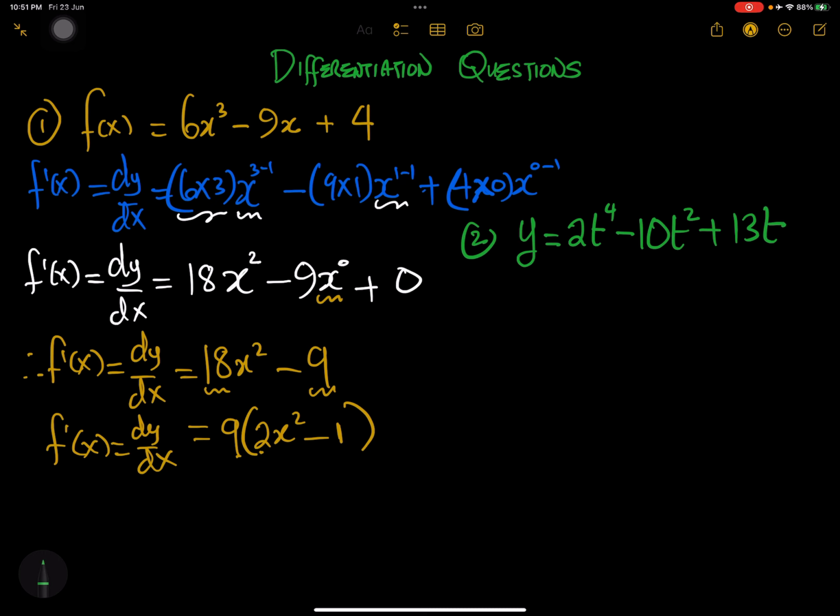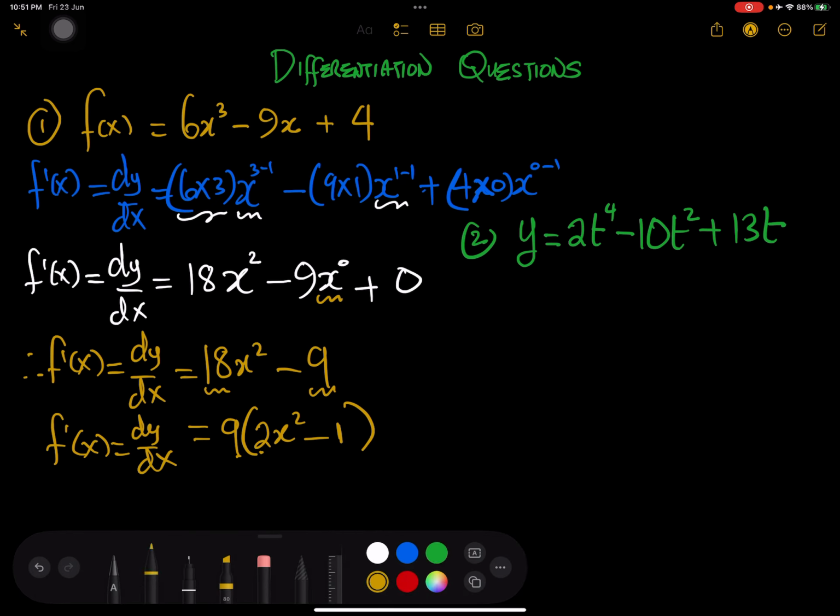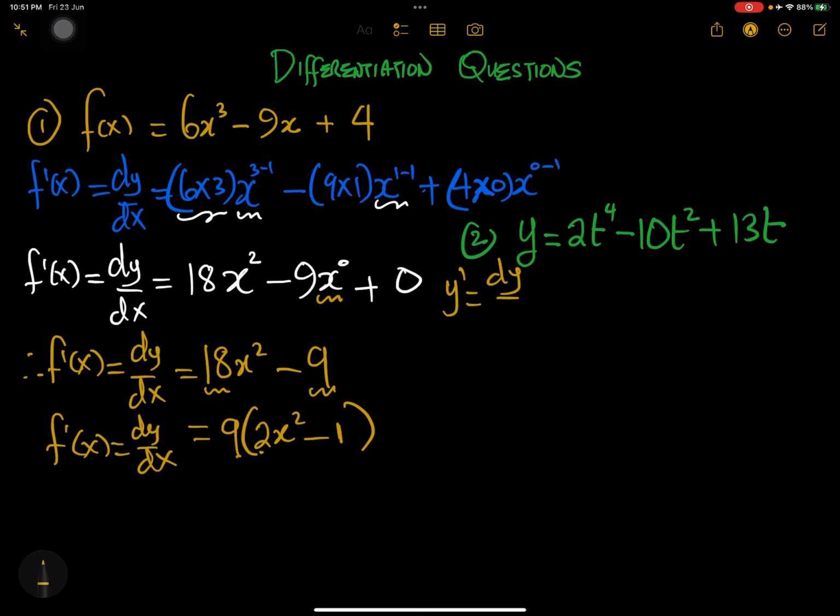Here we say that our y prime, which is dy dt, not dx, because the variables are t, is going to give us 2 times 4 multiplied by t to the power of 4 minus 1 minus 10 times 2 multiplied by t to the power of 2 minus 1 plus 13 times 1 multiplied by t to the power 1 minus 1.